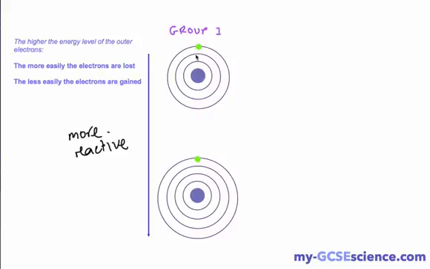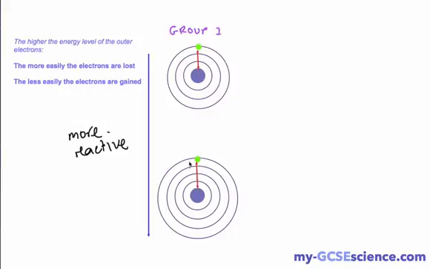I haven't drawn all of the electrons in, just for the sake of avoiding confusion, but we've got our one electron there, and if you look at the distance between the electron and the nucleus, it's quite short for the higher up element there, and it's a bit longer for this element that's further down.